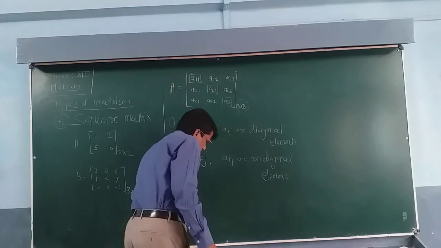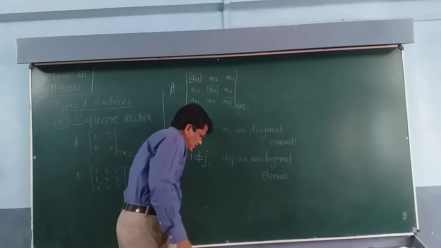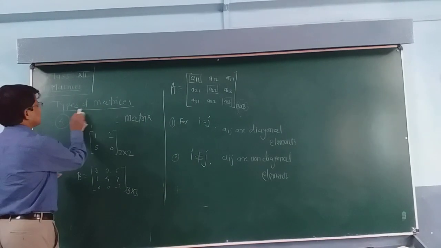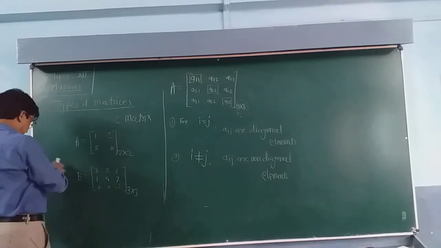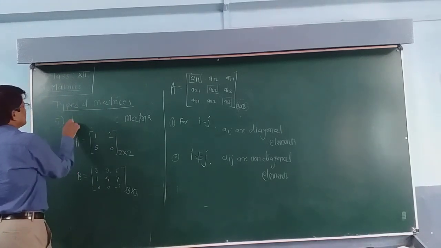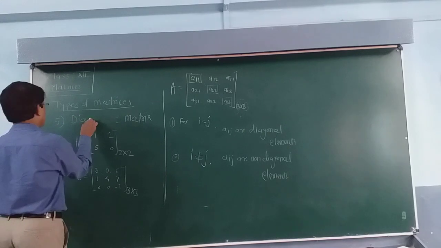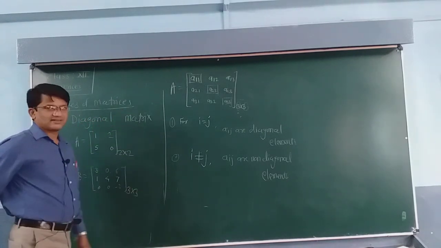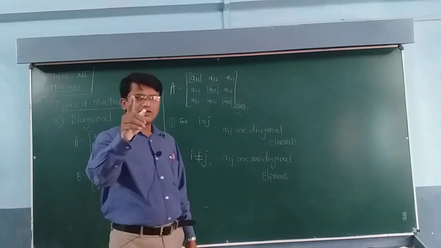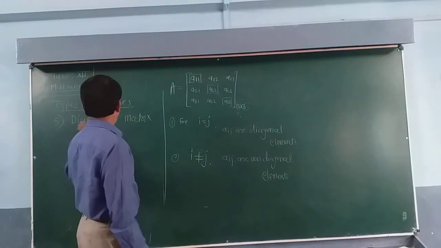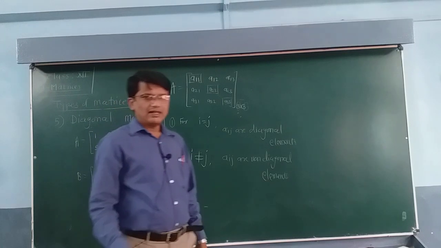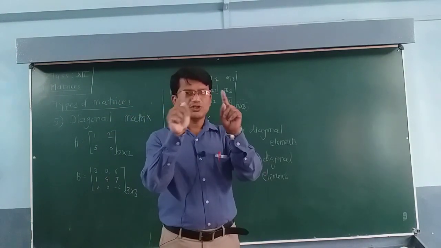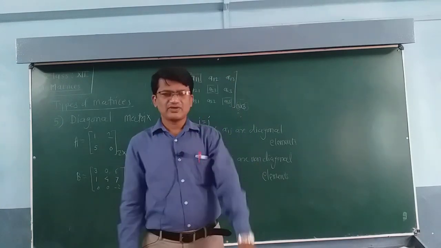Okay, let us see now number 5, the diagonal matrix. For a diagonal matrix, remember, the matrix should be in square form.